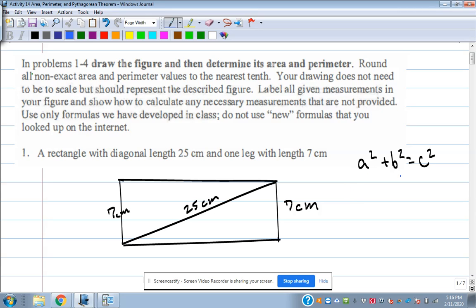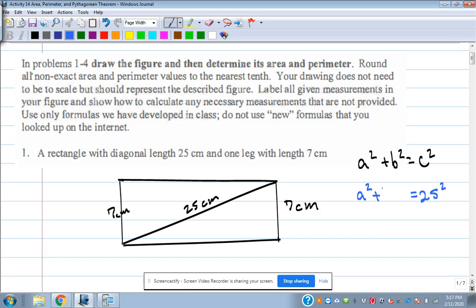All right. So, what parts are A, B, and C for that? That's correct. The hypotenuse, which is C, is the diagonal one there. So 25 goes in place of C. You get to solve equation type stuff.